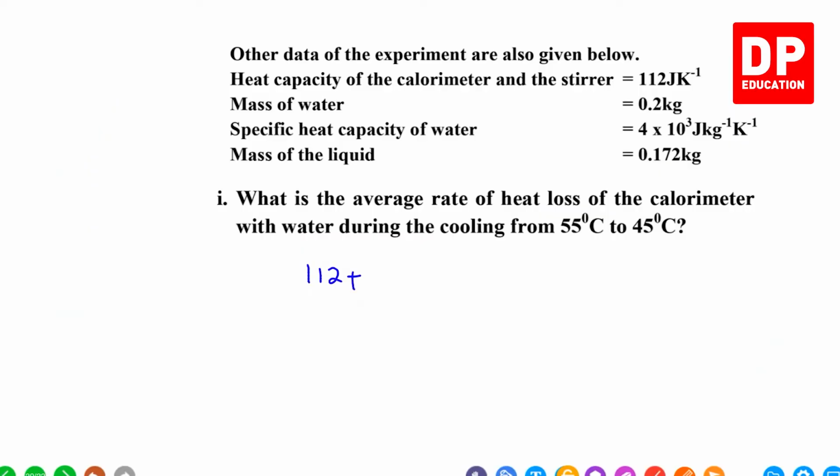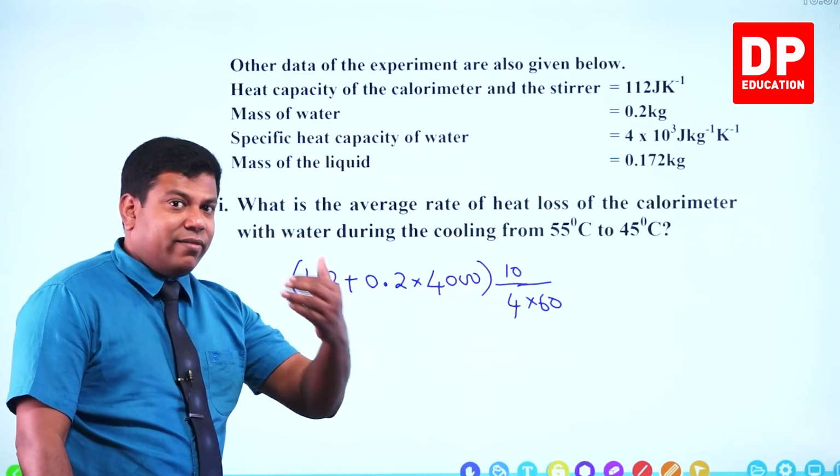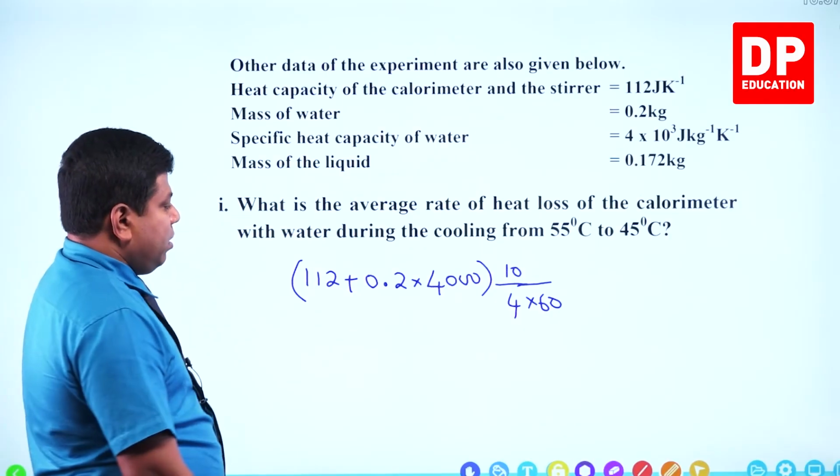C plus MW, into 4000, into temperature difference, 55 to 45 is 10. The time taken for that was 4 minutes. Let me multiply by 60 to convert to seconds, so that I can get joule per second. Otherwise, I have to say joule per minute. Careful.